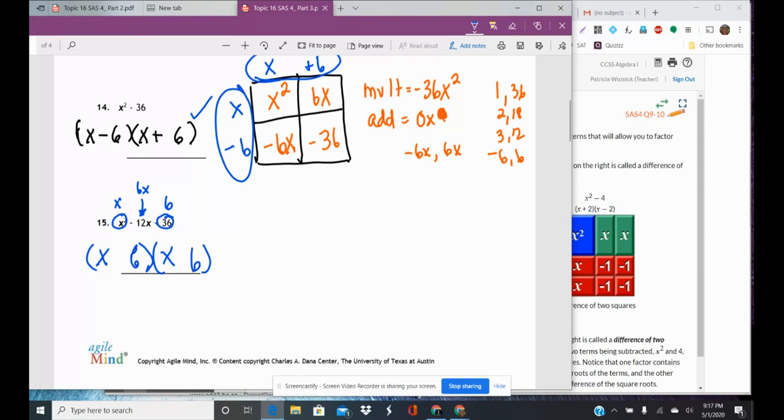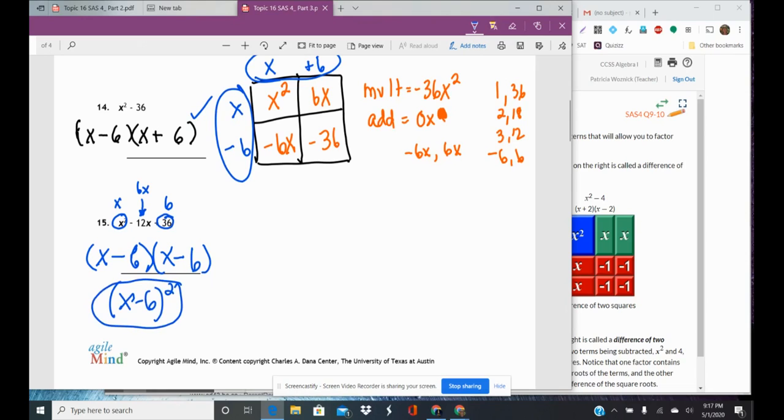But I need to have a negative 12x in the middle. How will I get a negative 12x? Well, I will only get a negative 12x if both of those are negative, because negative 6 times negative 6 is positive 36. And then negative 6 plus negative 6 gives me negative 12. So really the way I write this answer is x minus 6 squared.